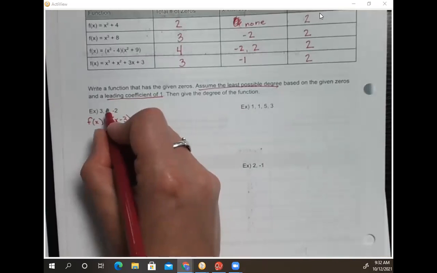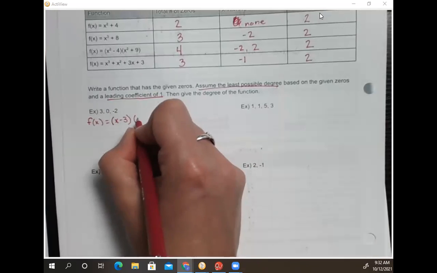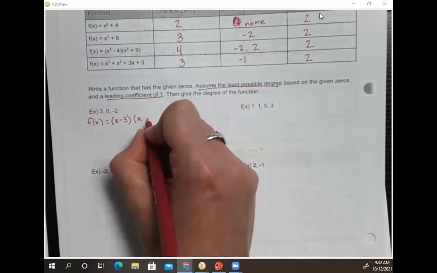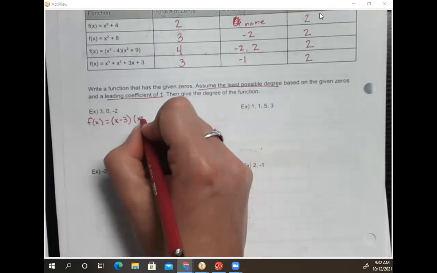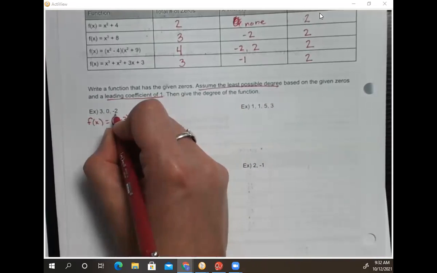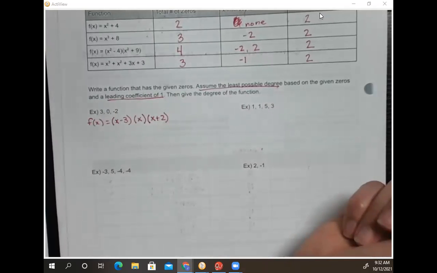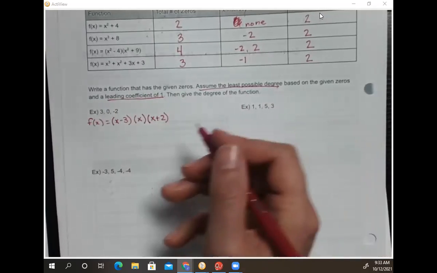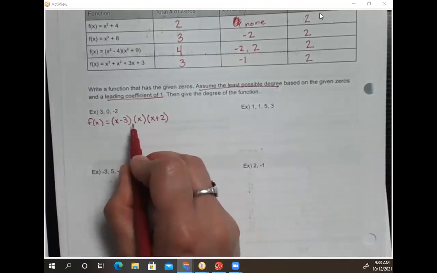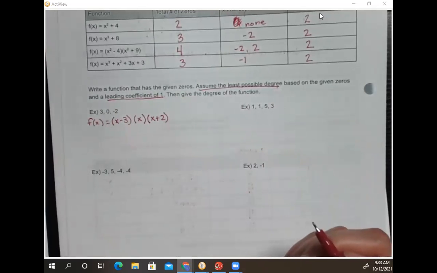If I have 0 as a zero of a function or an x-intercept of the function, that means you could write x minus 0, x plus 0, or just x. And then if I have -2, that means I had x plus 2. As long as you have these 3 factors, any order is fine. So if you put your x in front, that's fine.